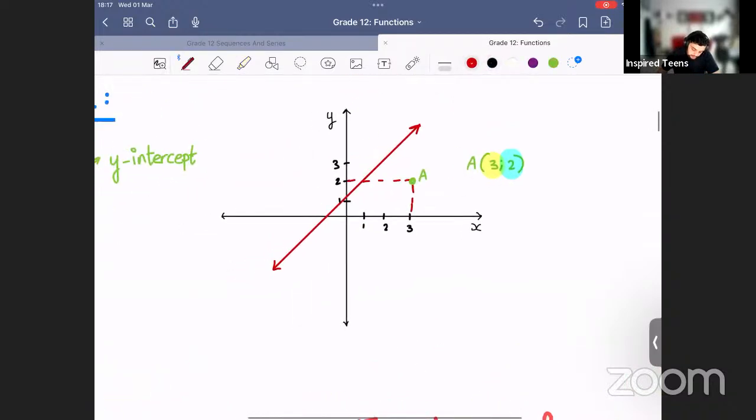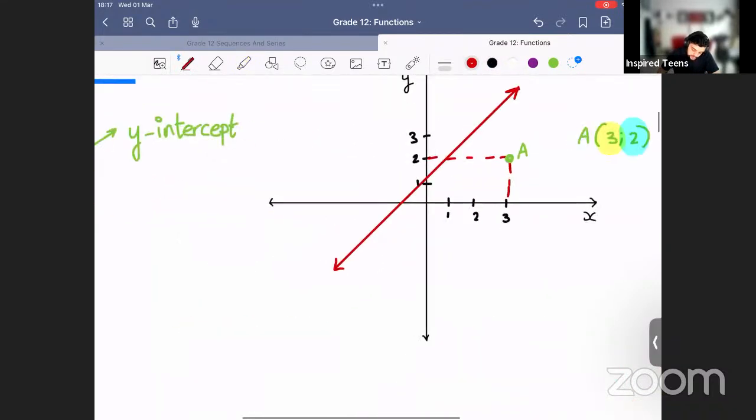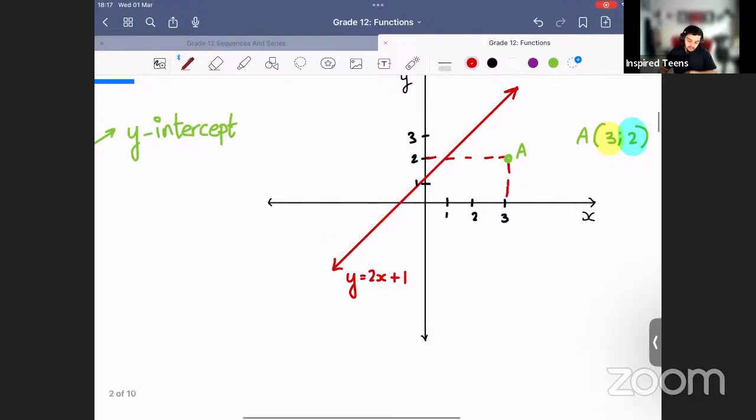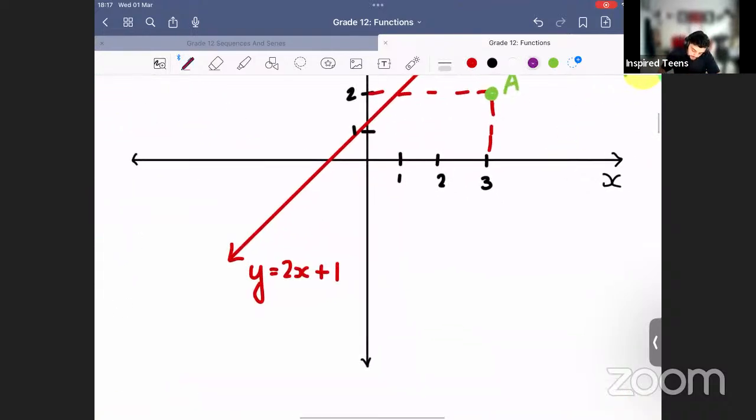The one we currently drew, let's just say this is y is equal to x plus 1. So this would be an example of this type of graph. Notice that m is positive.